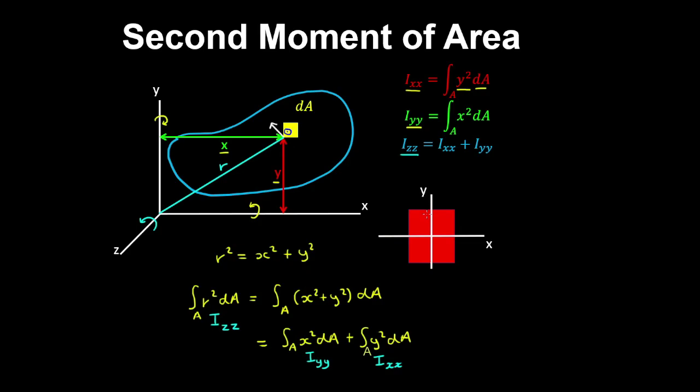Now if we consider this example, and we want to find the second moment of area about the horizontal axis, well, we break this section up into infinitely thin rectangles, and these have a thickness dy, and the section has a width b and a height h.